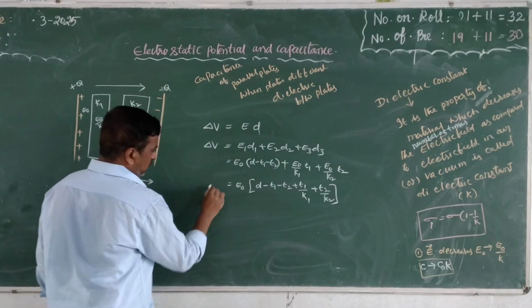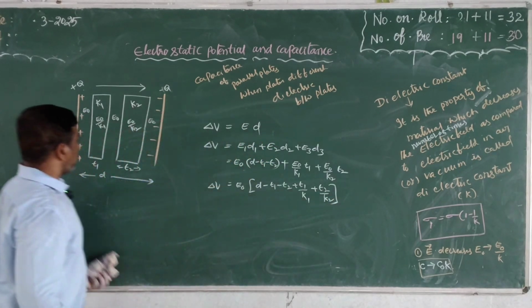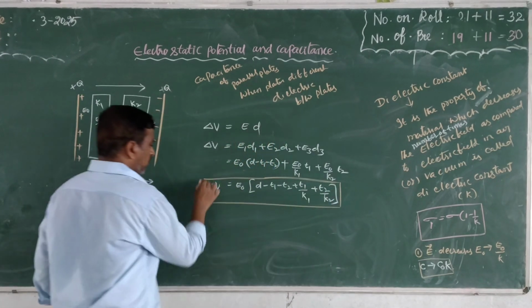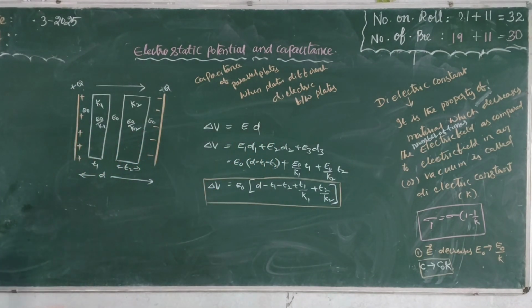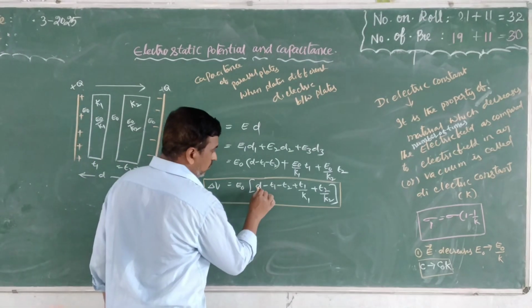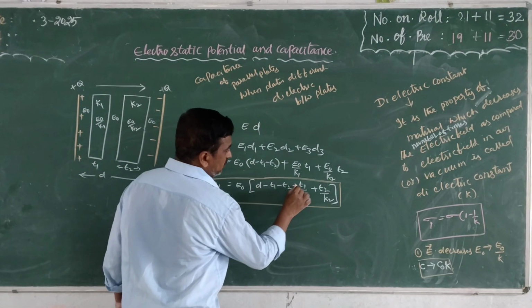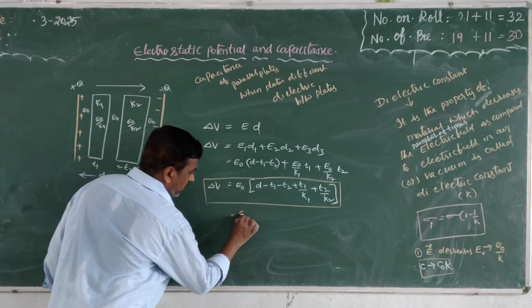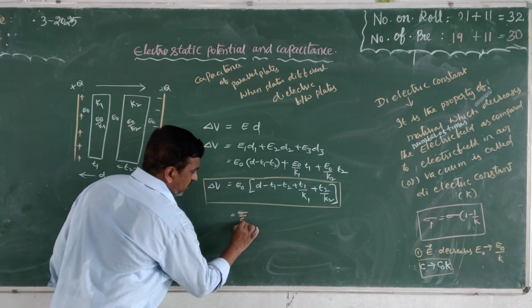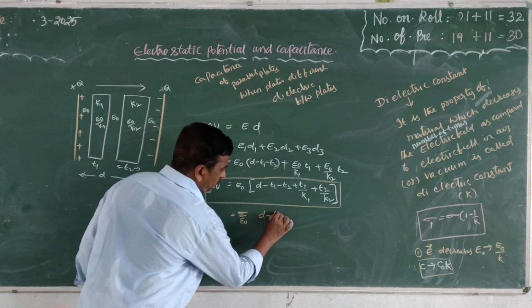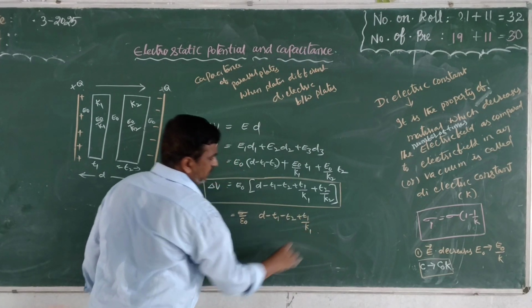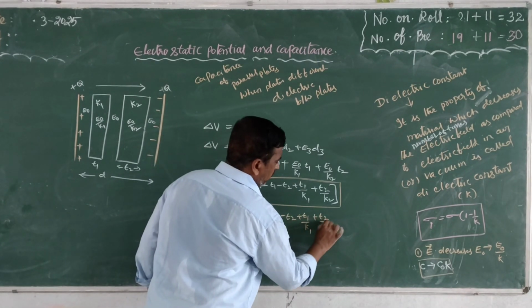It is the change in potential between the parallel plates when two dielectrics are placed between the plates: E naught into d minus t1 minus t2 plus t1 by k1 plus t2 by k2. This E naught means sigma by epsilon naught.